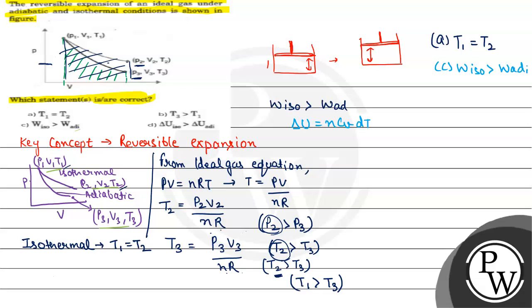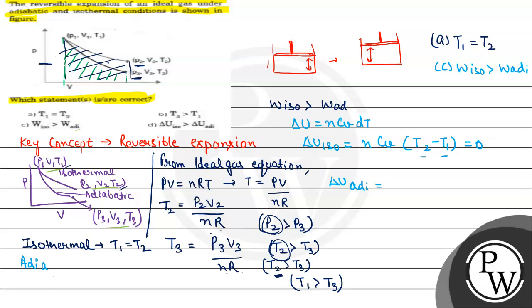If we use this formula, delta U isothermal equals nCv (T2 minus T1). This comes out to be 0 because T1 and T2 both are equal. So delta U isothermal is 0, whereas adiabatic is a process where heat does not change.